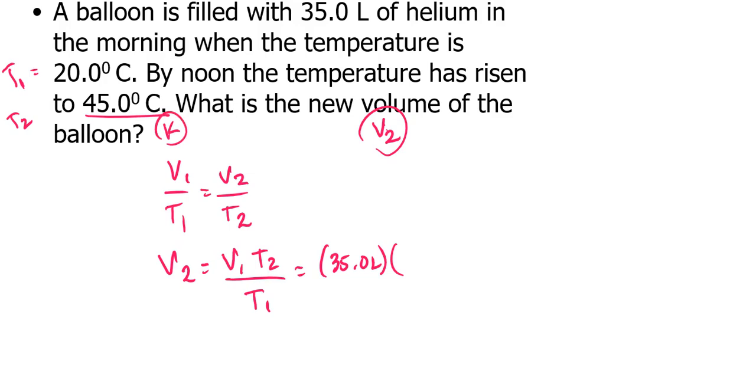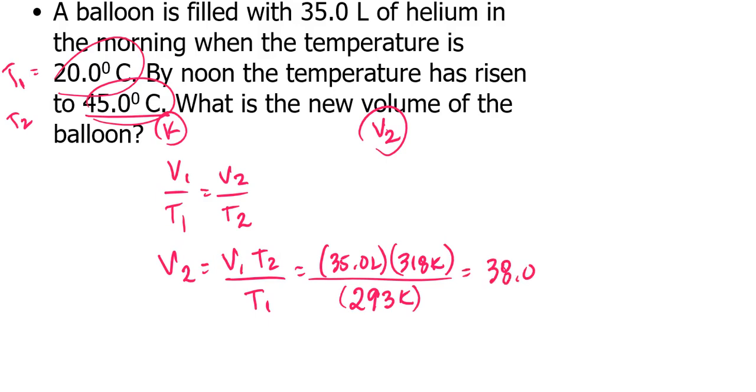So you must add 273 to the 45 degrees Celsius and the 20 degrees Celsius. That makes 45 degrees 318 Kelvin. You're going to divide that by 293 Kelvin, which is 20 plus 273. And when you do this math, you get 38 liters.